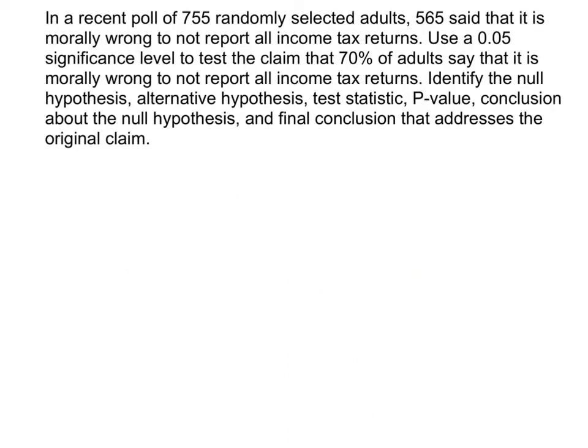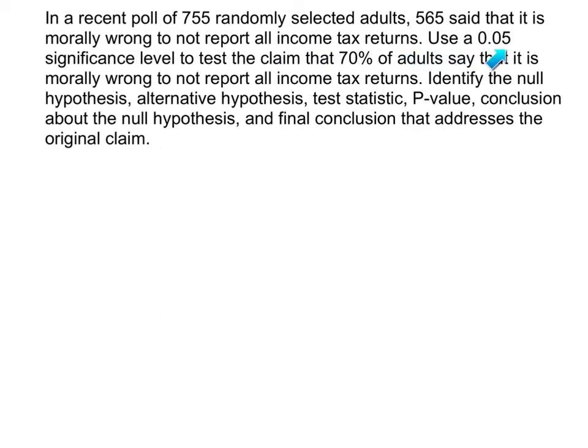Okay, here we have an example, let's read it. In a recent poll of 755 randomly selected adults, 565 adults said that it is morally wrong to not report all income tax returns.